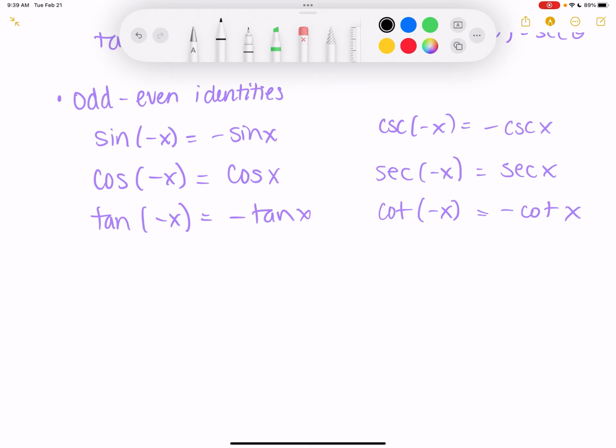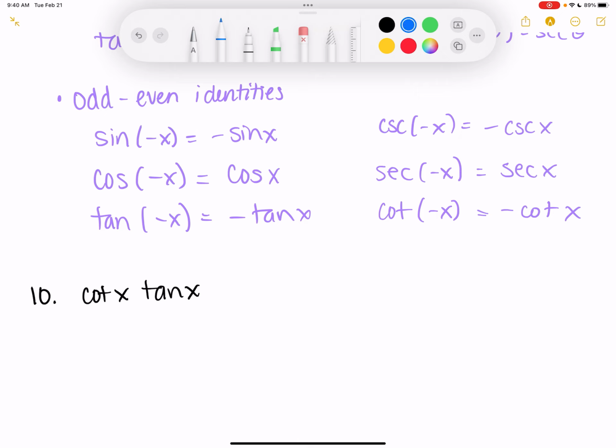Use basic identities to simplify the expression: cotangent of x times tangent of x. I always want to think of if there's a way that I can rewrite things to try to cancel things and make it as simple as possible.